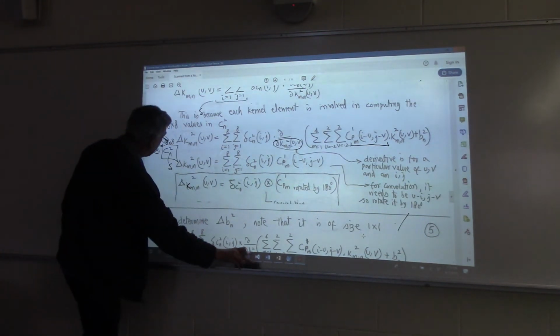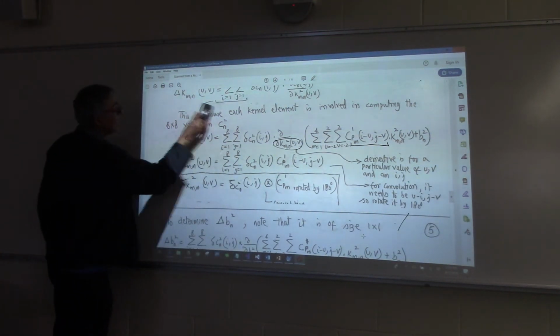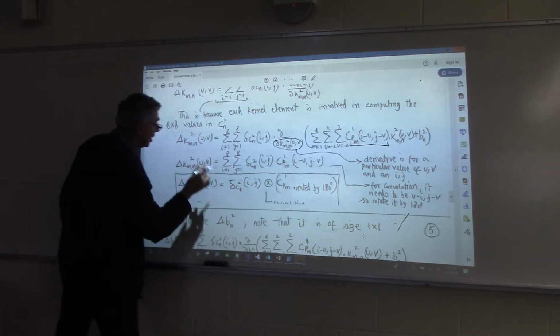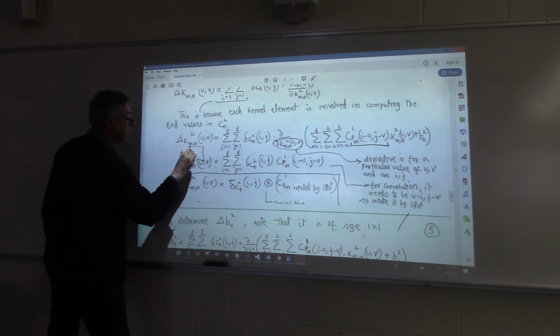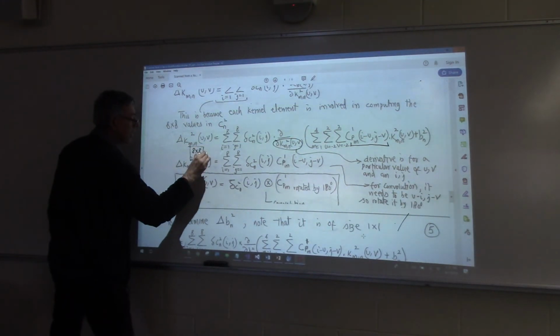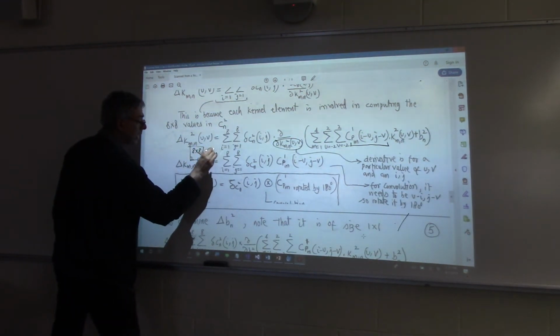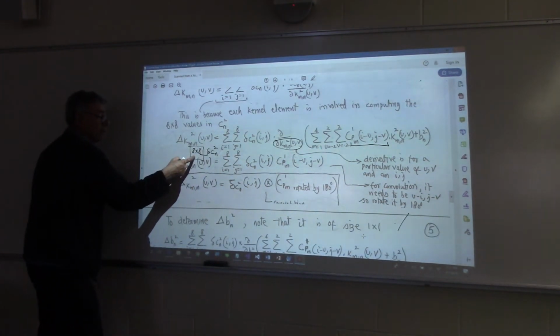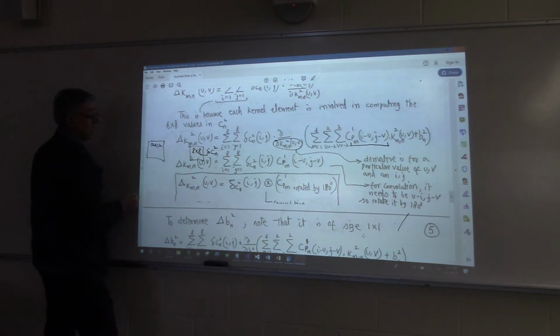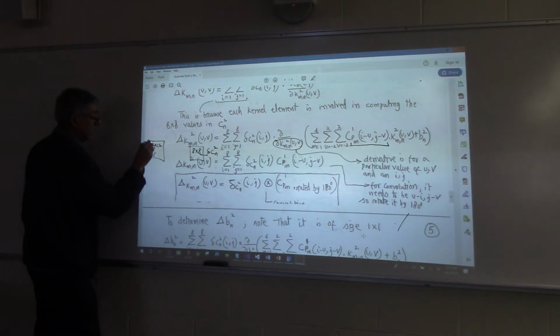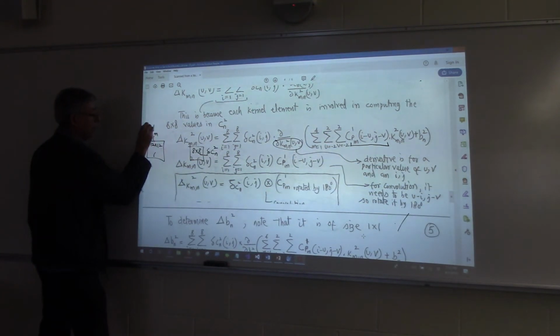Sorry, my mistake, not the kernel. Let me draw the picture somewhere here again. Let's say this is 8x8, so this is delta Cn of 2. Suppose we've already computed this. Here is a 12x12, and this is, let's say, CPM of 1.